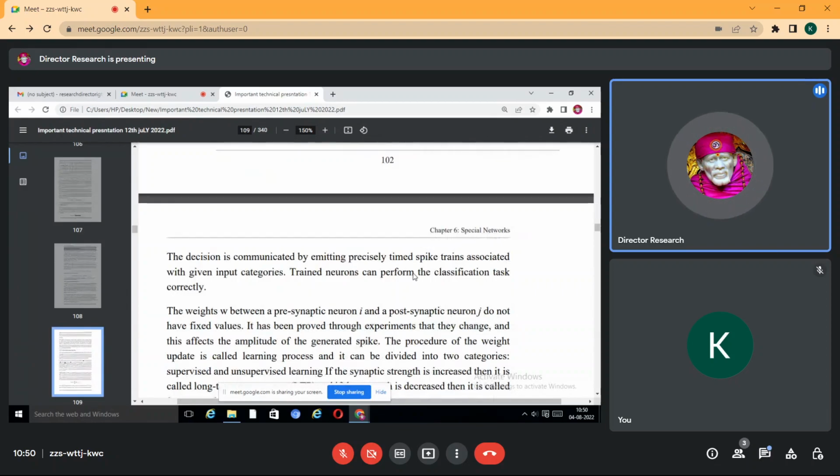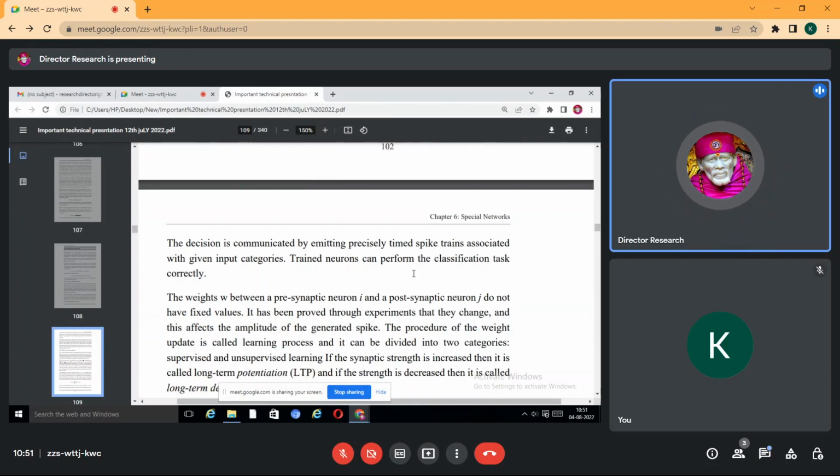The decision is communicated by emitting precisely timed spike trains associated with given input categories. Trained neurons can perform classification tasks exactly. The weights between presynaptic and postsynaptic neurons do not have fixed values. Experiments have proved that they can change, and this affects the amplitude of the generated spike.